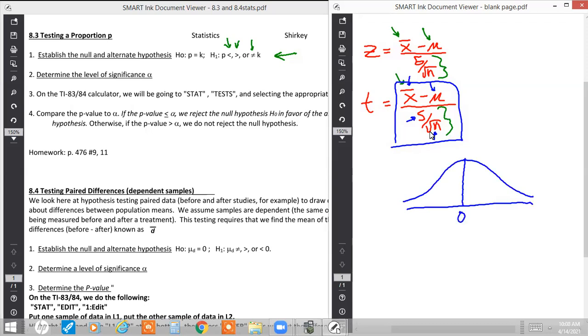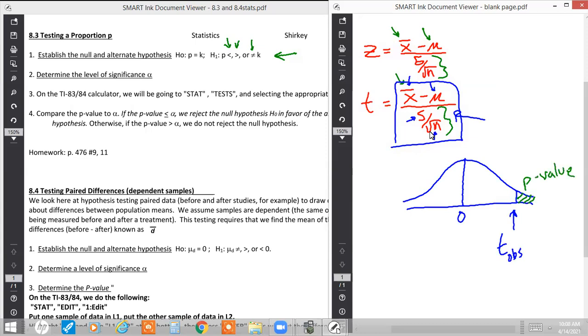And let's say it's a right tail test. That observed sample statistic is like this thing right here, whatever your t-value is that's observed. And then the area in the tail beyond that, that's your p-value. P is the area in the tail beyond the observed test statistic, if you'll remember.